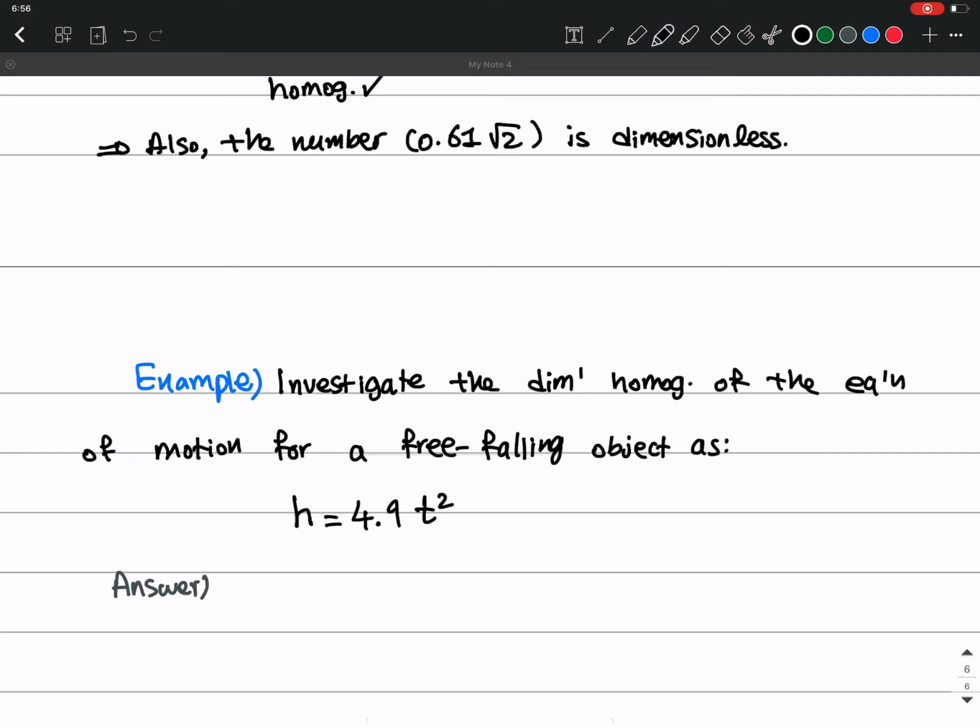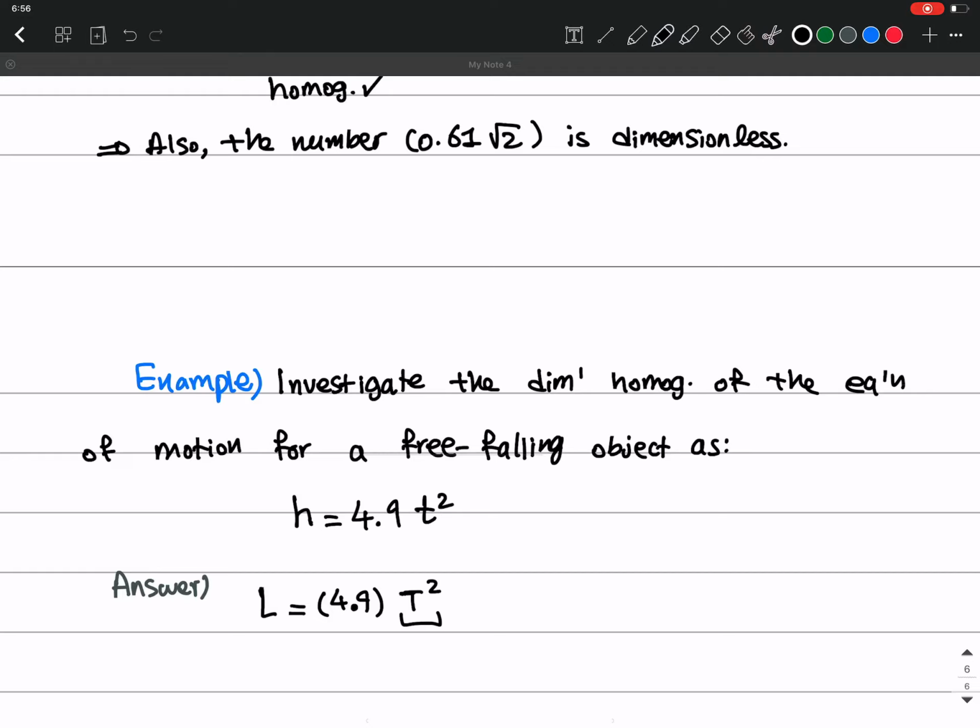So on the left hand side we have height, and the dimension of that is going to be length. And on the right hand side we have 4.9, which is a number, times t squared. When you write this, you see that the dimension of the left hand side is length, and here you have t squared.